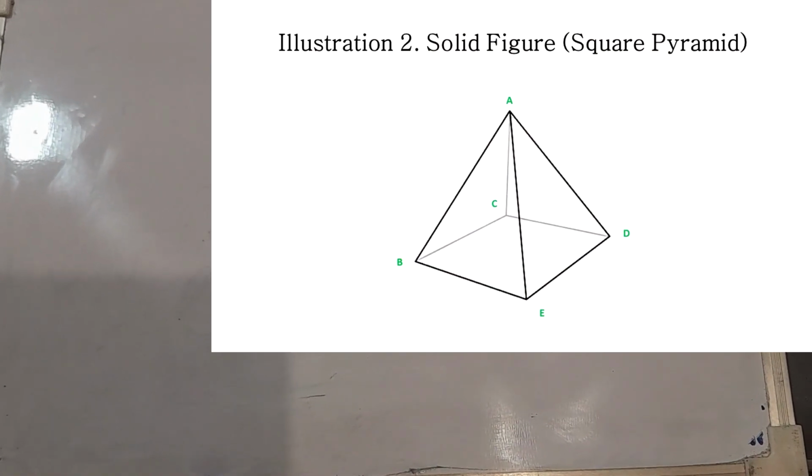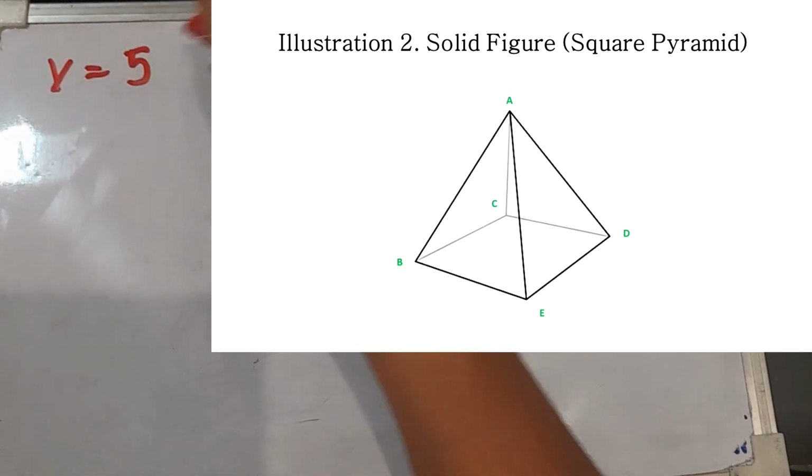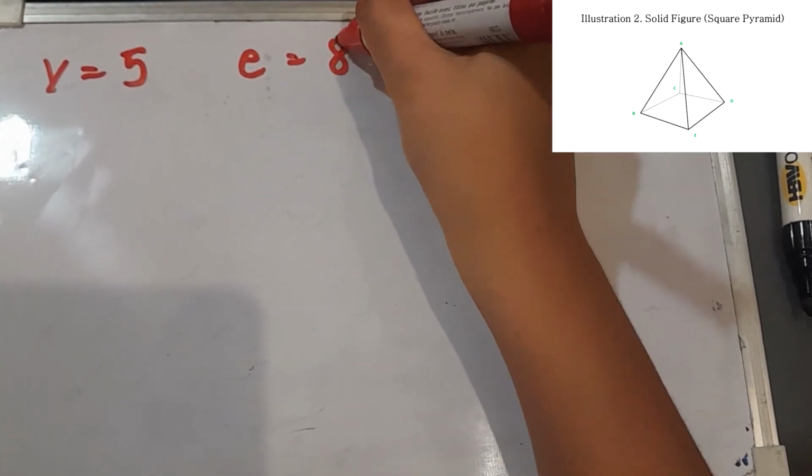So, let's have another example, which is the square pyramid that has 5 vertex and 8 edges.